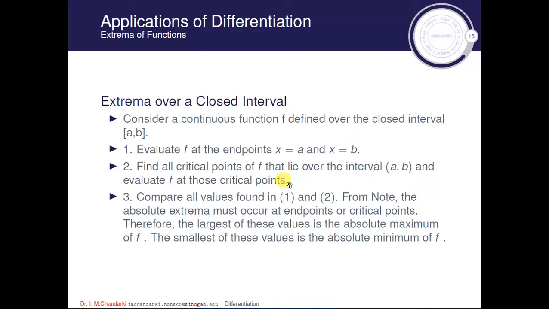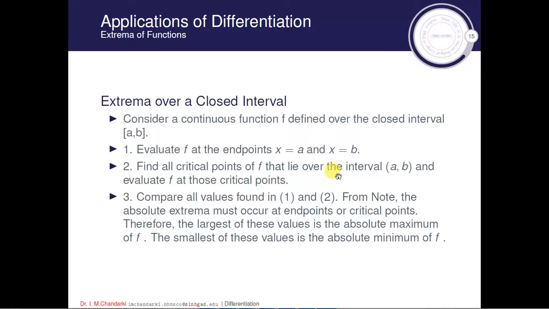After solving that equation, whatever values you get are called critical values or critical points. So critical points are the points at which there is a possibility of getting maxima and minima. So find all critical points of f that lie over the interval AB and evaluate f at all those points.